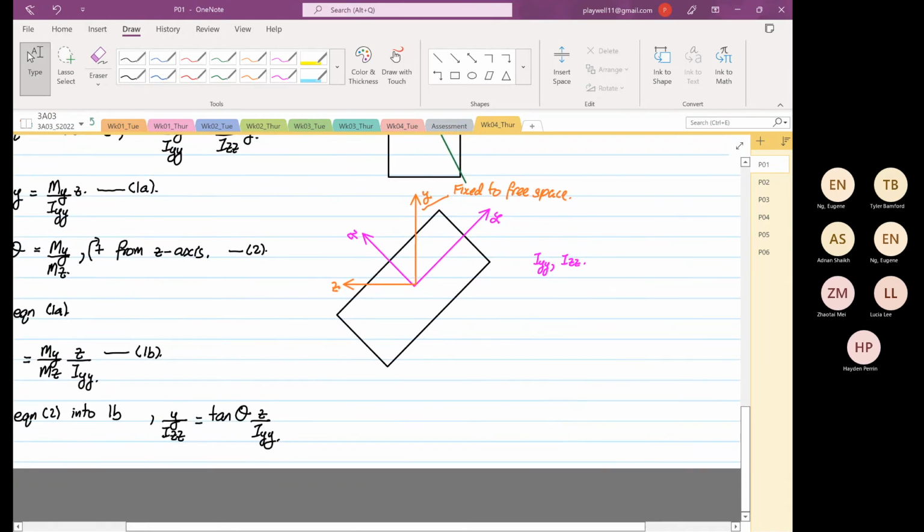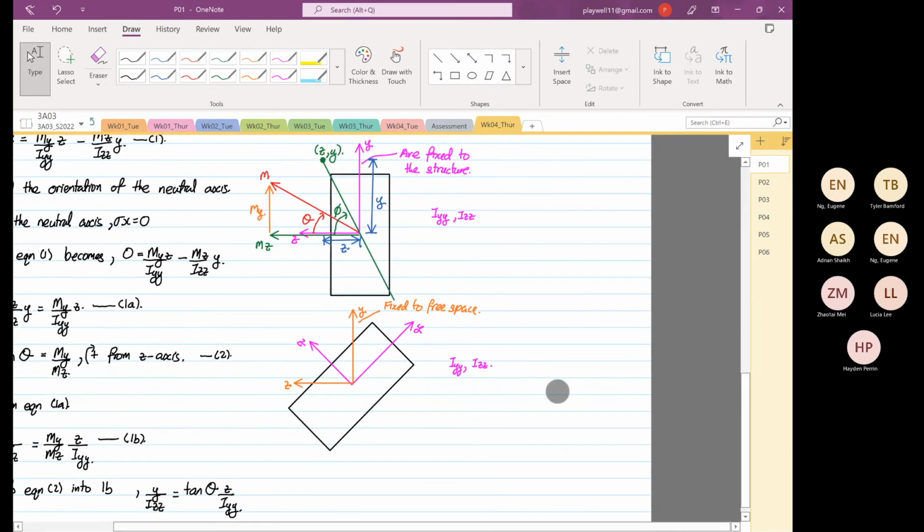Then we can write out another expression. Okay, I'm going to move this to a side so I can free up more space.